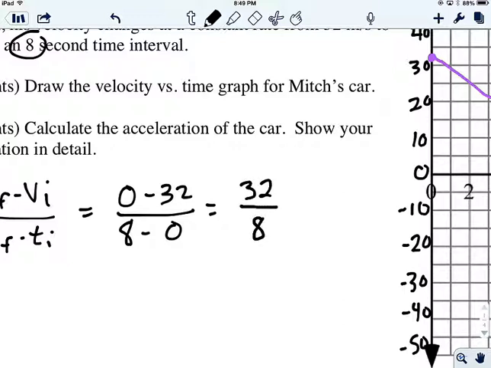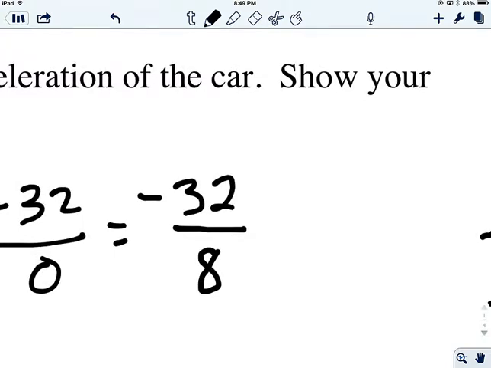Whoops, that's negative 32. Now remember, that is a velocity, so that's negative 32 meters per second, and that's 8 seconds. And then we'll just punch in the calculator.